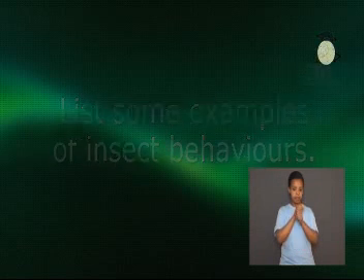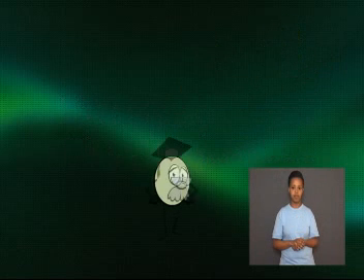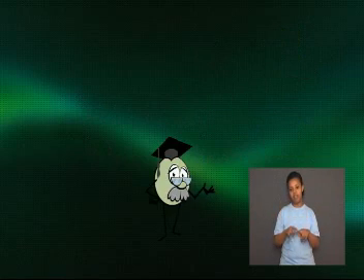Time's up! Let's get back to our lesson. Welcome back, everyone. Were you able to think of some behaviors? You may have listed that insects locate food, and some insects, like ants, bring food back to their nests.